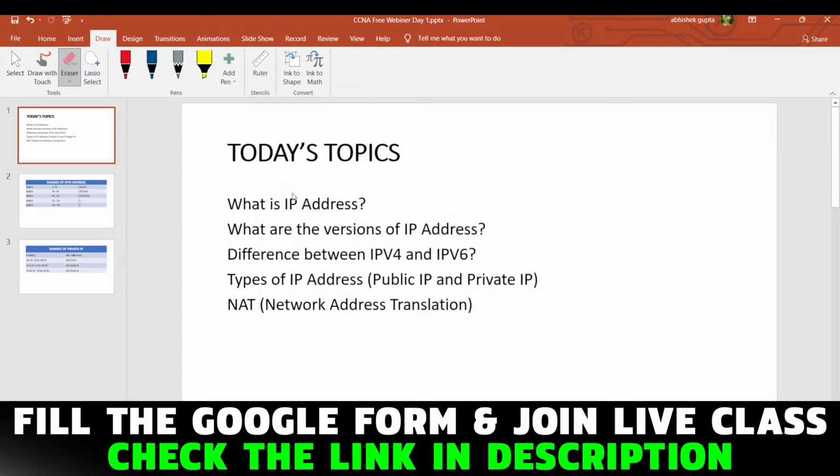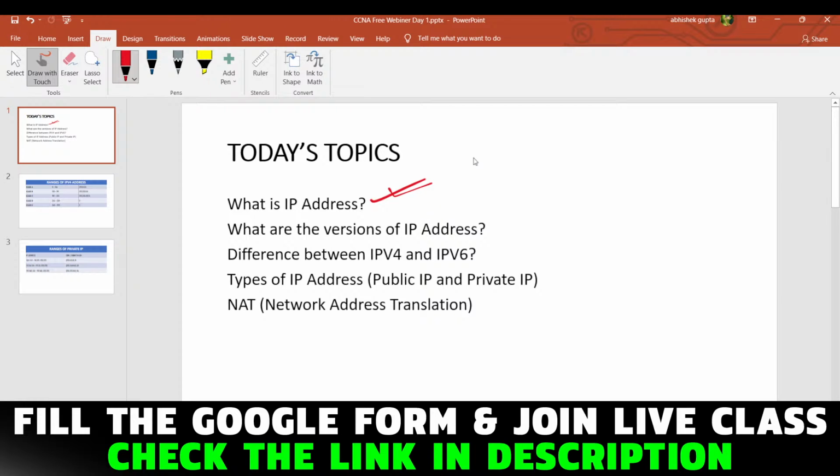Yeah, very good. For example, if you're going to attend an interview and someone asks you what is an IP address, then your answer must be simple. You can simply tell them an IP address is a logical address of our nodes in a network that will help us to share the data simply. Or just tell them an IP address is a logical address of nodes in a network.